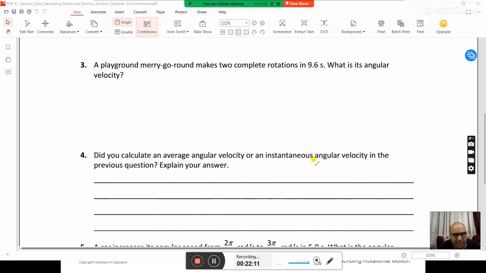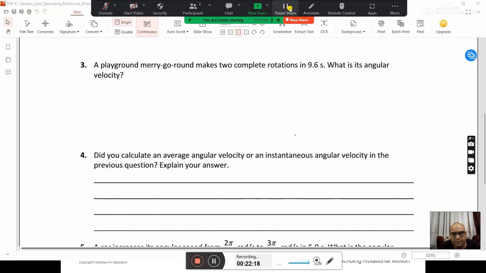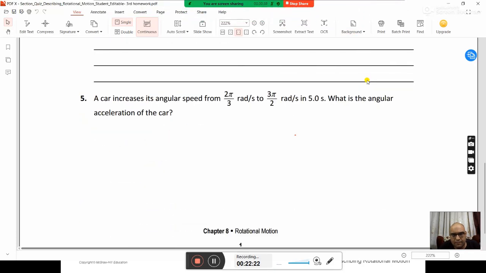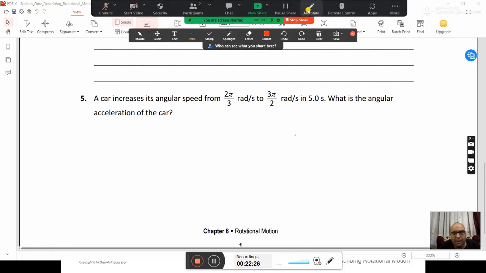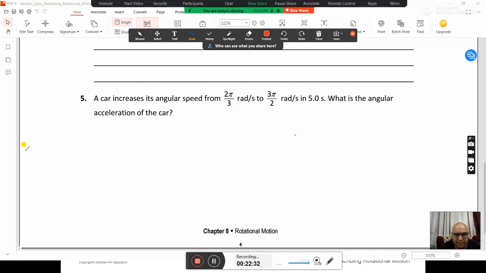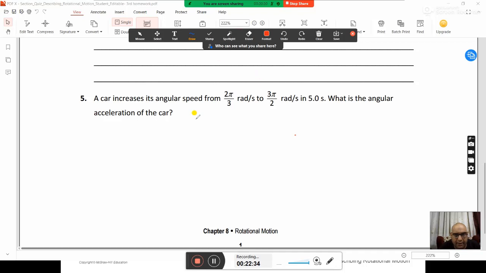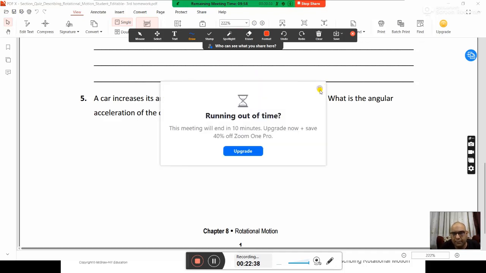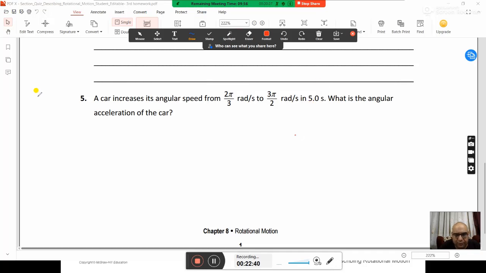I think the next one is the last question. A car increases its angular speed from 2 pi over 3 to 3 pi over 2.